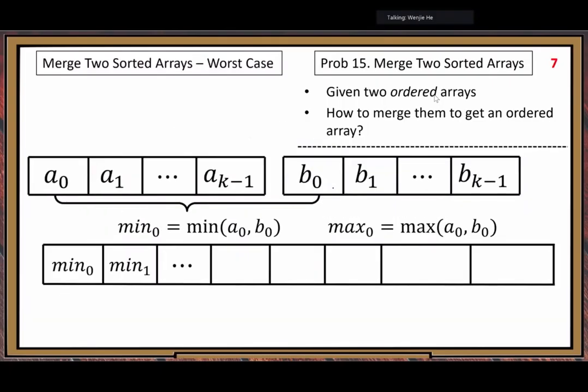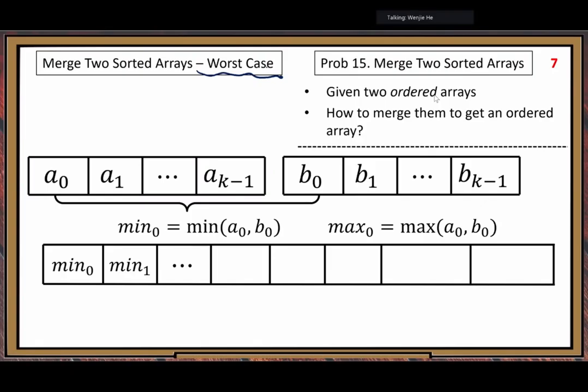All right. So in this way, but now we want to look at the worst case. When we merge two sorted arrays, we want to see how many comparisons we need for the worst case. The maximum number of comparisons we need for the worst case.